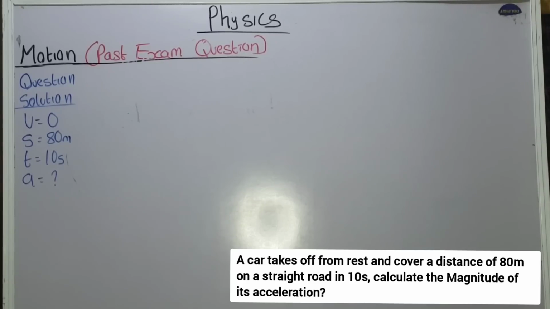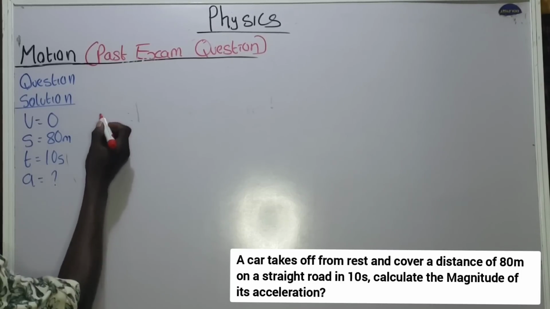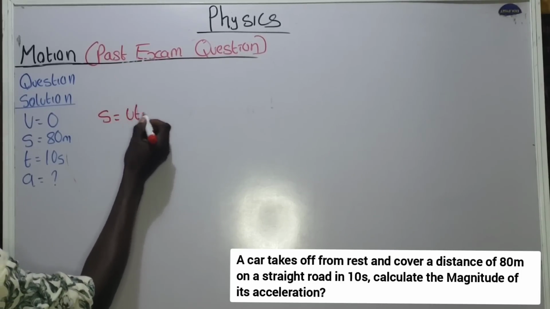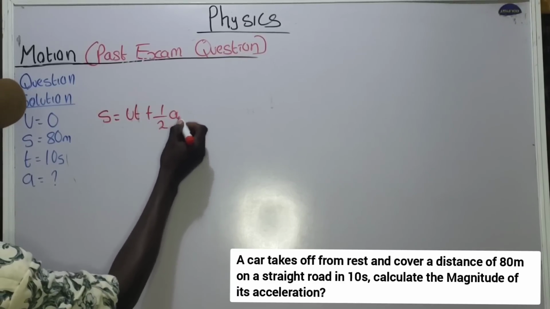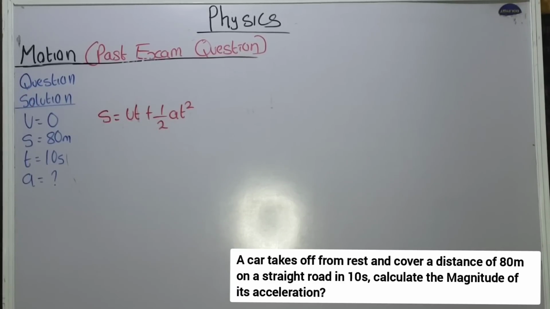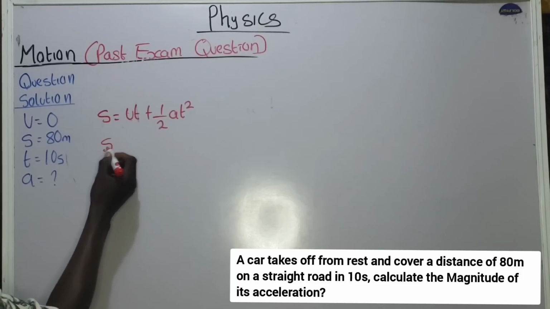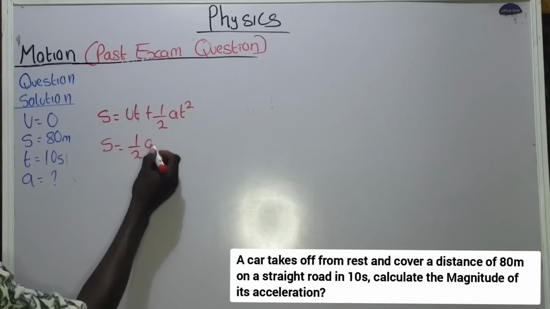We are going to use the second equation of uniformly accelerated motion, which is S equals ut plus 1 over 2 at squared. You understand? Now, because the value of u is 0, that means that S equals 1 over 2 at squared.